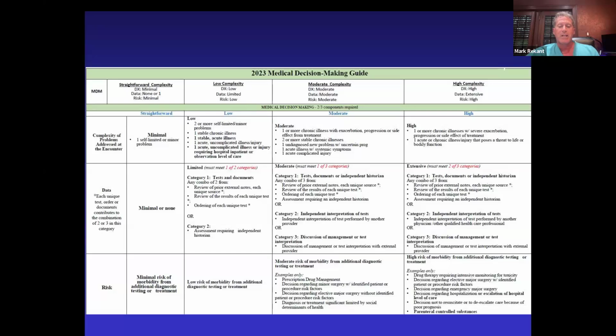So prescription drug management is one. Discussing surgery is certainly another. And it's quite easy to get to that level 4 if you're doing those things and you're reviewing past medical records. Reviewing a test such as an MRI or an electrodiagnostic study is really going to get you to that level 4, which does increase your reimbursement 25%.